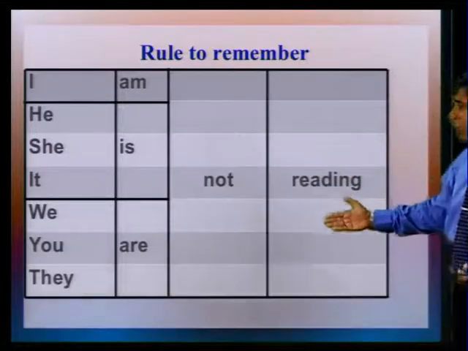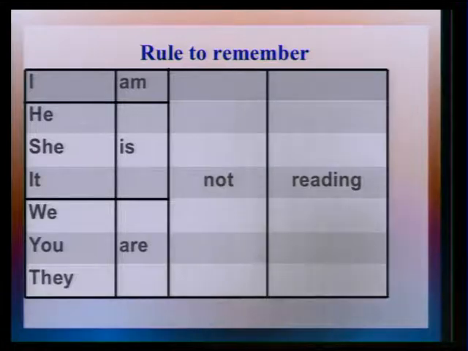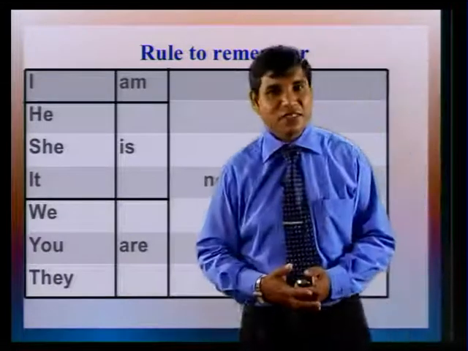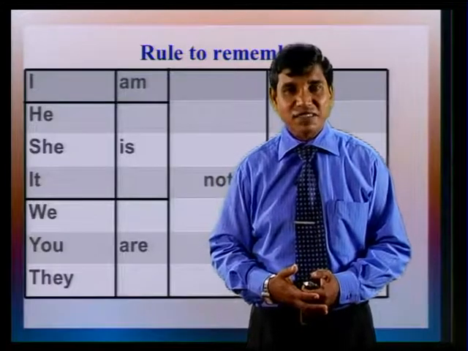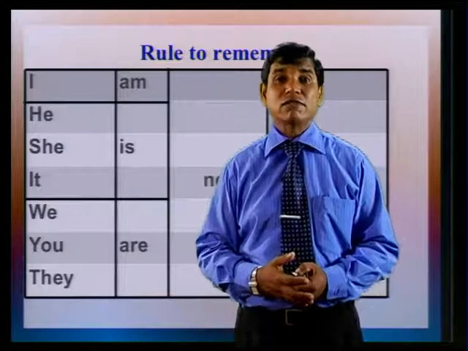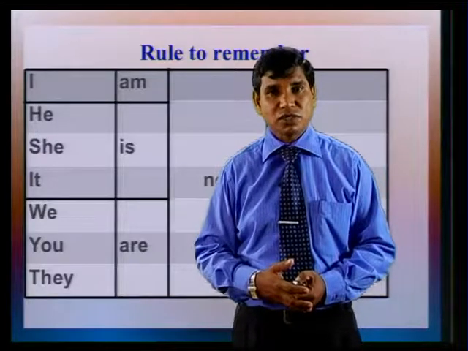So you can make I am not reading, he is not reading, she is not reading, it is not reading, we are not reading, you are not reading, they are not reading. It's really very simple. You can understand the way of making negative sentences in present continuous. Right.